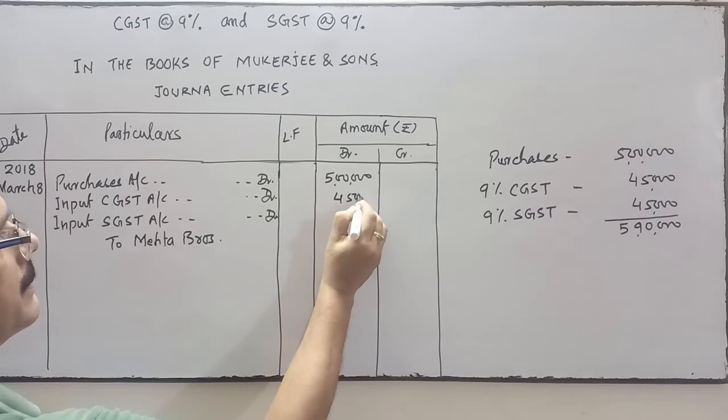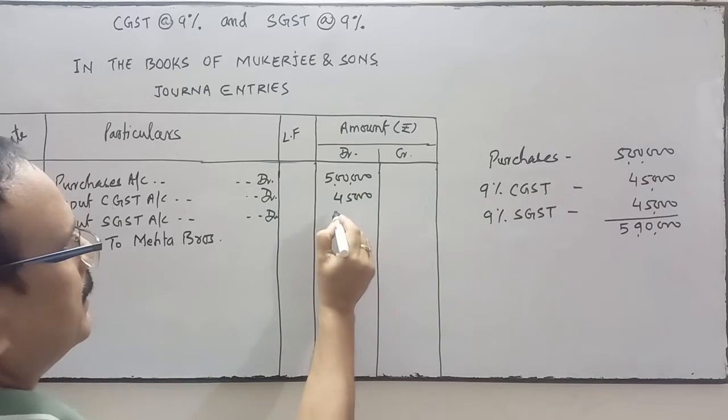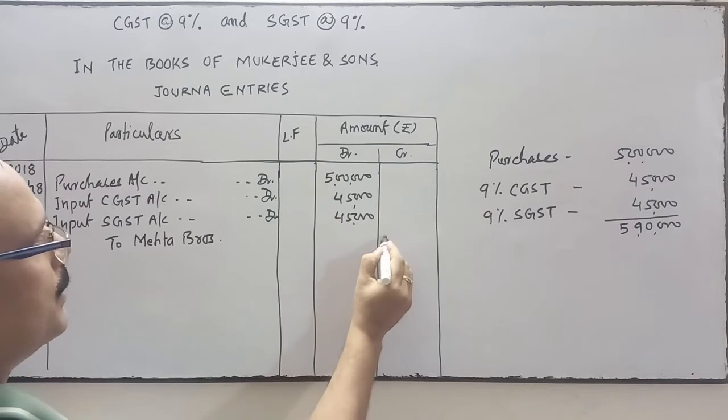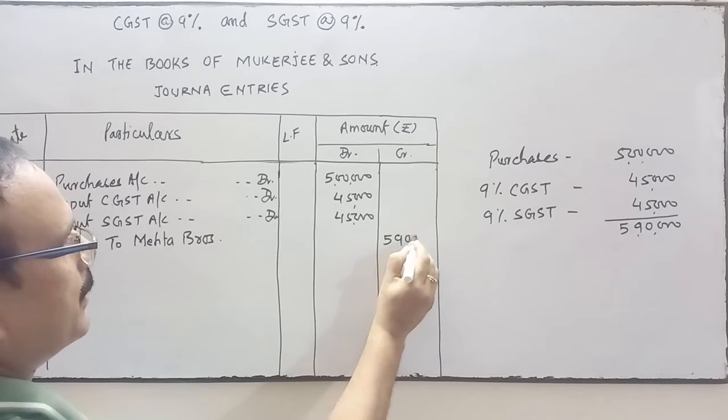So purchase 5 lakhs in the debit column, CGST, central GST, 45,000, state GST 45,000, total 5,90,000.